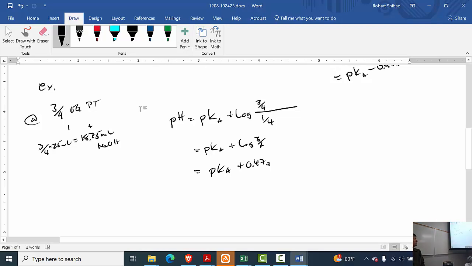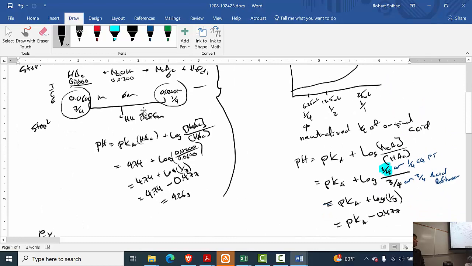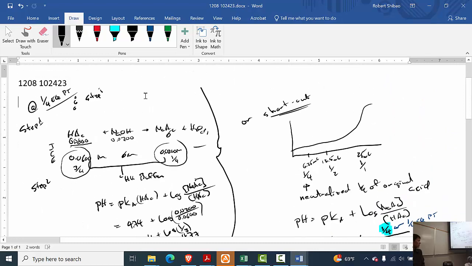And so this allows me to get the pHs quite rapidly. I don't know if I still have my curve. I do, actually, I have my curve here. So at the half equivalence point, the pH was 4.74. It's just the pKa. At the 1/4 equivalence point, it would be 4.74 minus 0.477.